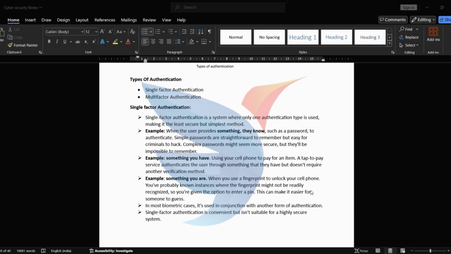Example, when the user provides something they know, such as a password, to authenticate. Simple passwords are straightforward to remember but easy for criminals to hack, whereas complex passwords might seem more secure, but they will be impossible to remember.